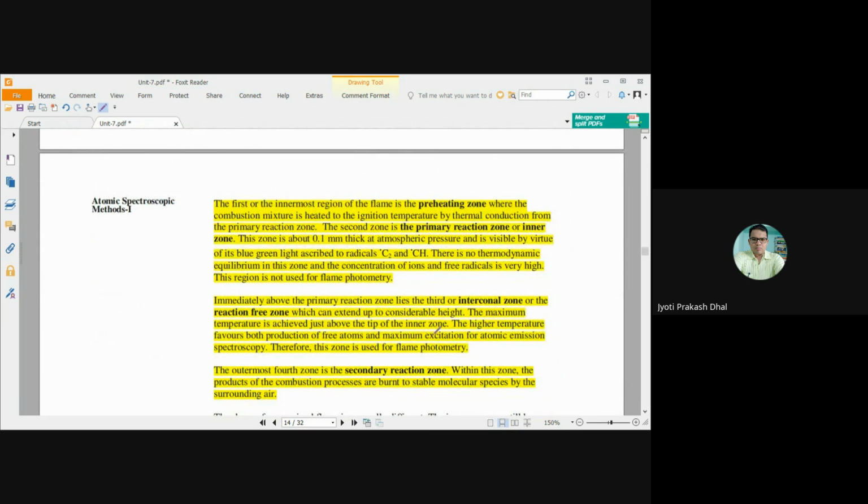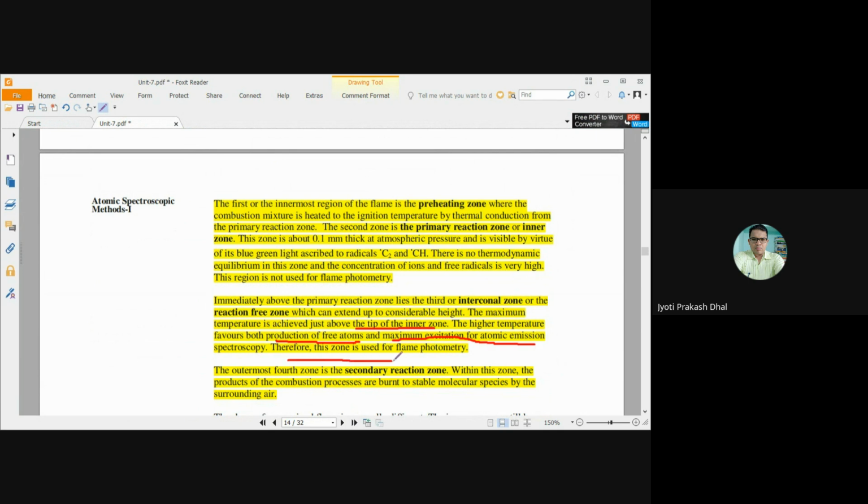Immediately above the primary reaction zone, the third or interconal zone, the reaction free zone, can extend up to a considerable height, and the maximum temperature is achieved just above the tip of the inner zone. That means when the inner zone just completes, that region contains the maximum temperature, and the higher temperature favors both the production of free atoms and the maximum excitation for atomic emission spectroscopy.